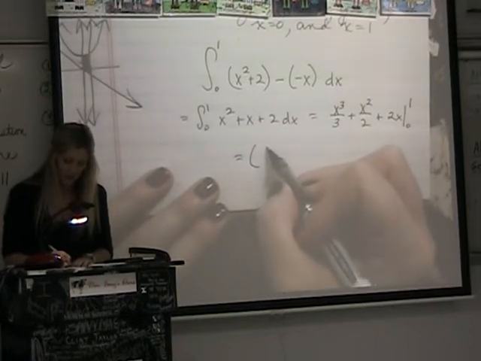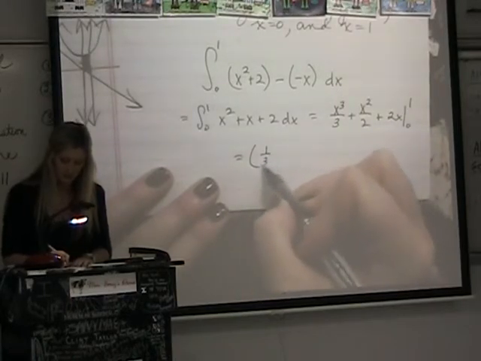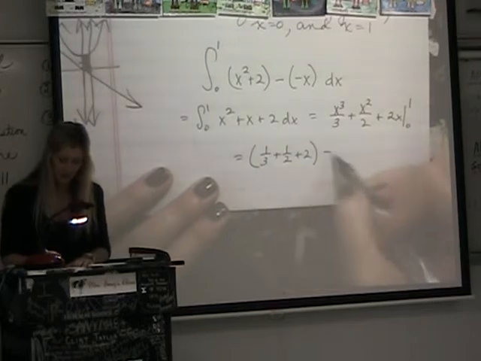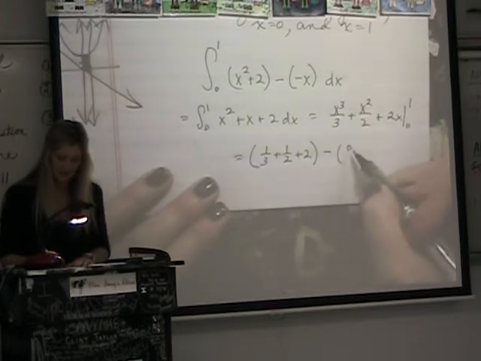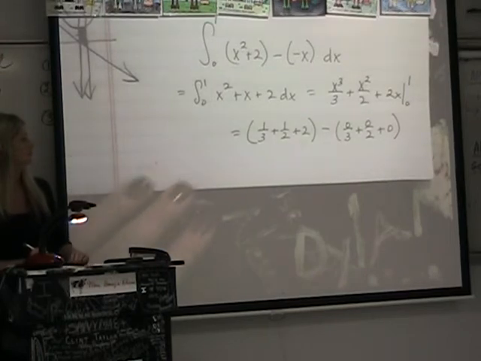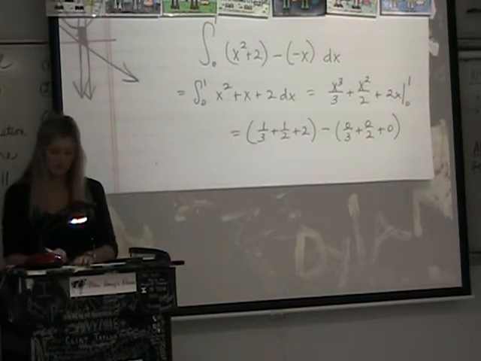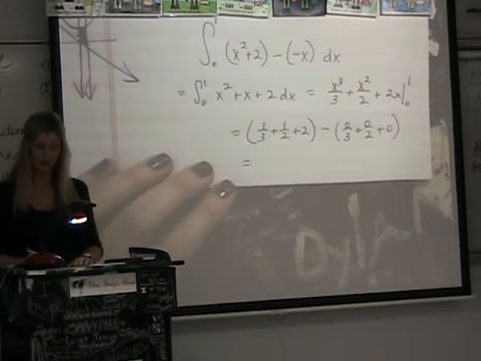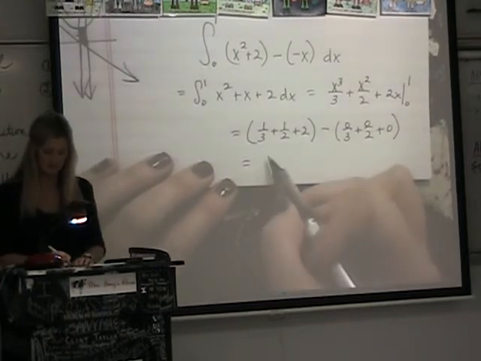So we're going to say 1/3 plus 1/2 plus 2 minus 0/3 plus 0/2 plus 0. If we get a common denominator, we can use 6.